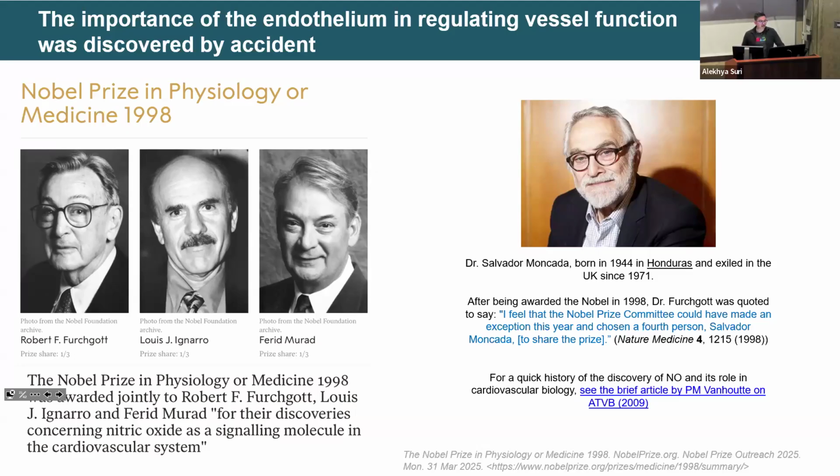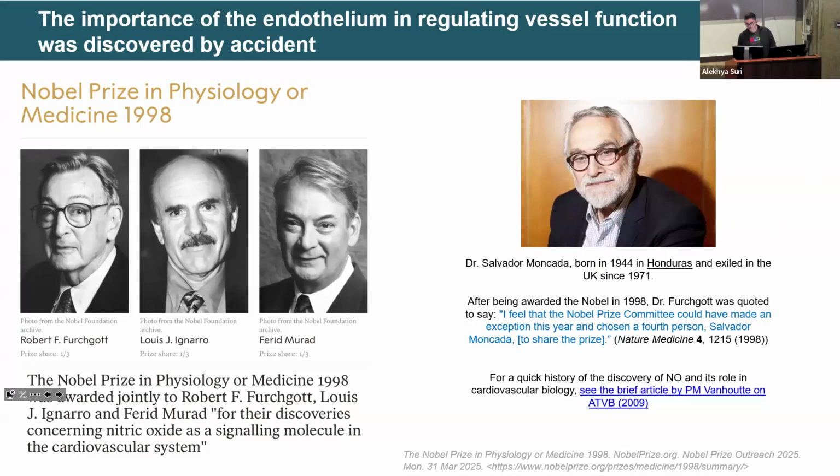I mention this because in the history of vascular biology, this has been a sore point for many people, because Moncada and Ignarro basically discovered the same thing at the same time. And in fact, Moncada published it before Ignarro. Like I said, there's been a lot of controversy because Moncada, in the eyes of many people, myself included, should have also been a recipient of the Nobel Prize.